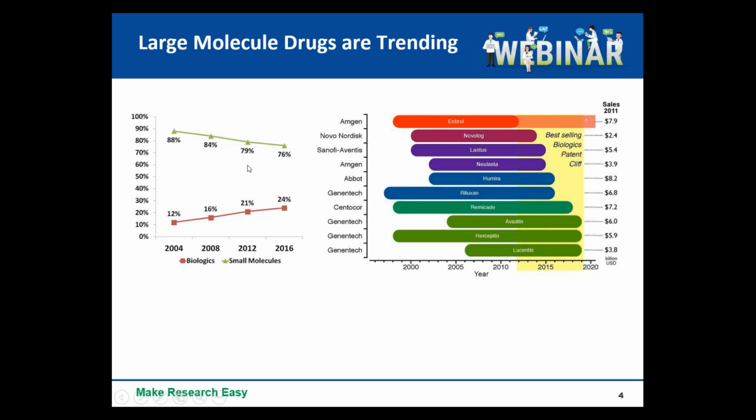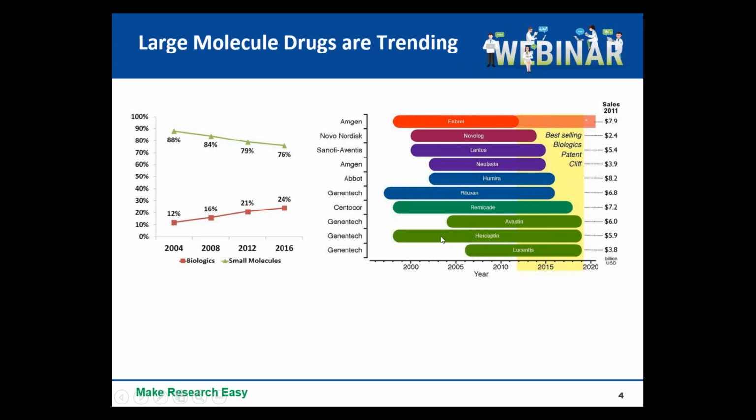If you look at it every 4 years, up until 2016, the small molecules market has been on the decline, whereas biologics have been growing. And this effect is, partly, or maybe more than partly, due to the impending patent cliff.